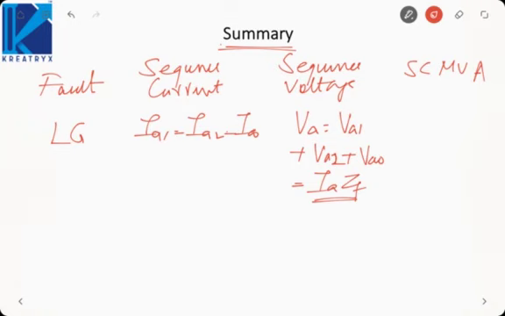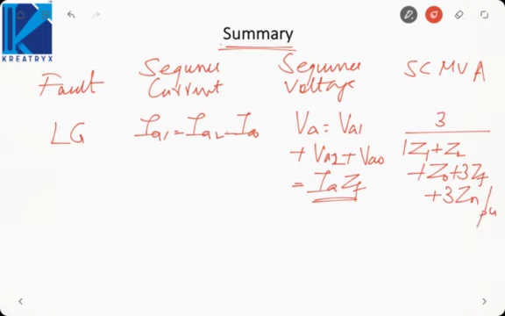And short circuit MVA was 3 by mod Z1 plus Z2 plus Z0 plus 3ZF plus 3Zn in PU. So just remember the short circuit MVA expression in case of PU. And fault current in this case was equal to 3 times IA0. That was for the case of LG fault.